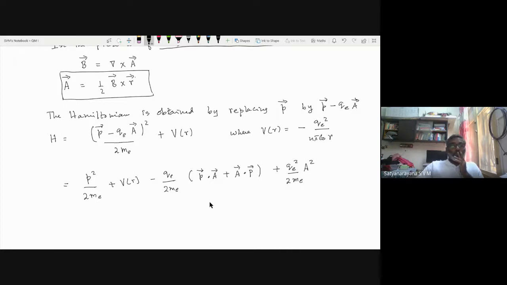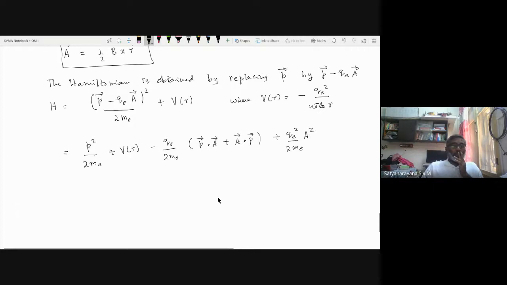Okay, so we can write this Hamiltonian as H0 plus H1 plus H2. I'm going to call this one H0, and this term H1, and this term H2. If you put B equal to 0, then you will get only H0.